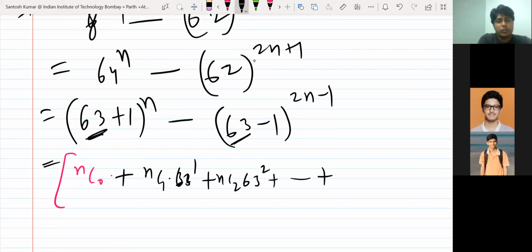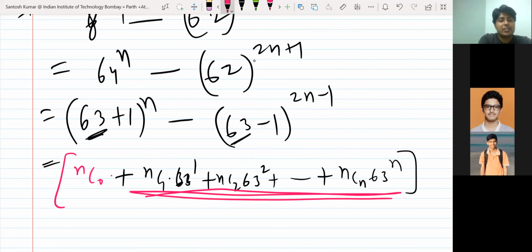At last it will go NCN 63 raised to power n. So what do you see? In all these terms, you have 63 common, and 63 is a multiple of 9.